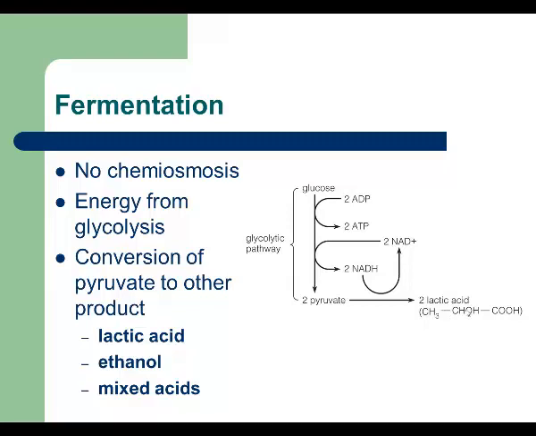Bacteria can perform lactic acid fermentation to make ATPs, because you see two ATPs will be made by these reactions. But keep in mind, human tissues also can perform lactic acid fermentation, and that is muscle tissue.